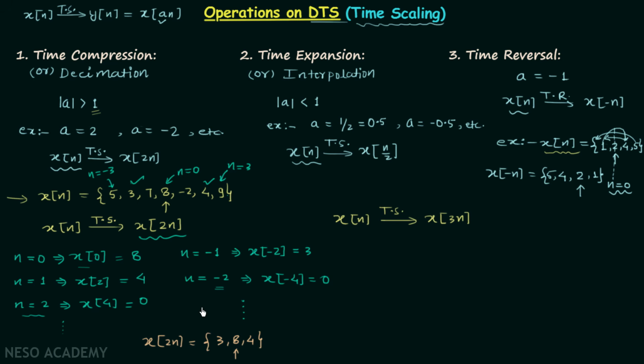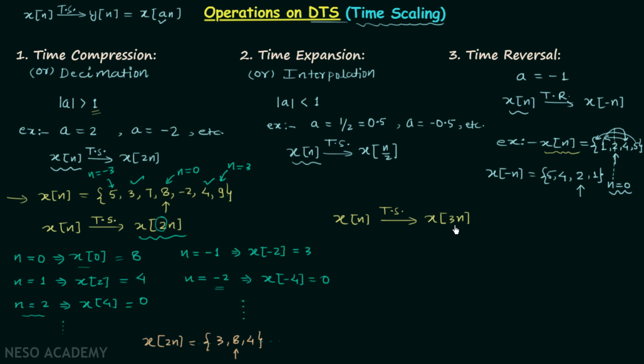From this analysis, it is clear that we have chosen only those values of x(n) for which the corresponding value of n is a multiple of 2. We are having 2 here, therefore we will choose only those values of x(n) for which the corresponding value of n is a multiple of 2. Therefore we have 3, 8, 4, 0, 0, 0, 0, 0, 0.